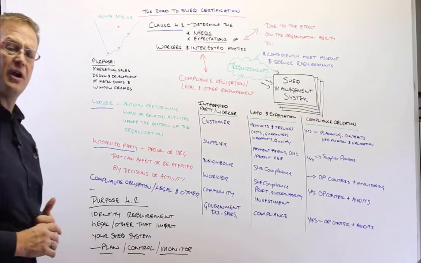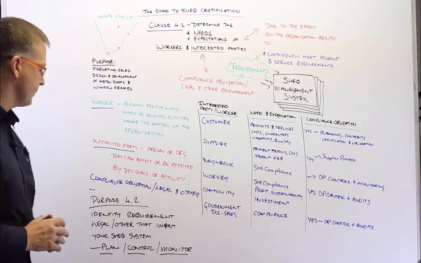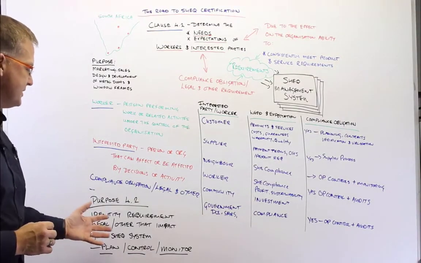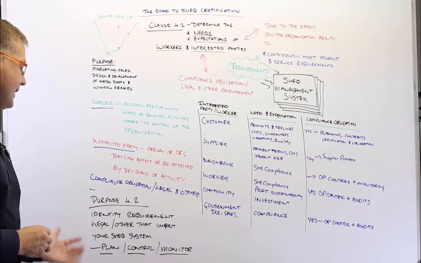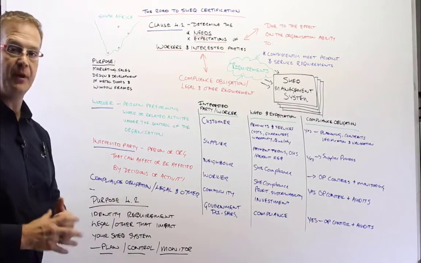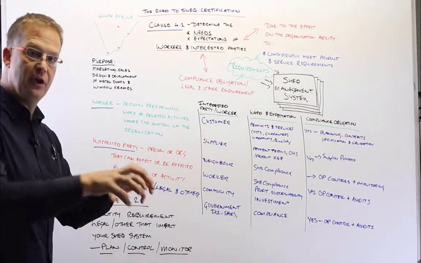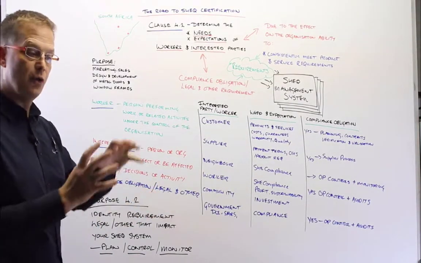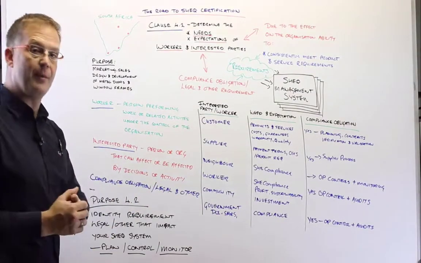Let's have a look at the overview of the purpose behind clause 4.2. Basically, we want to identify SHEQ requirements, whether legal or other, that are going to impact on our SHEQ system. If you remember, in clause 4.1, we looked at internal and external issues that were relevant to our purpose or that could affect the intended outcome of our management system.